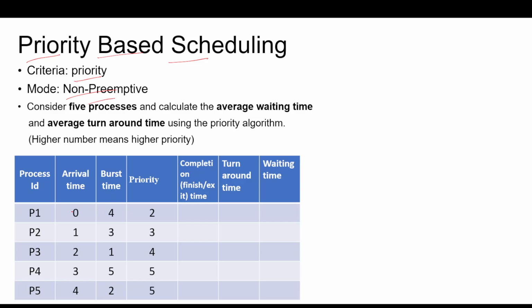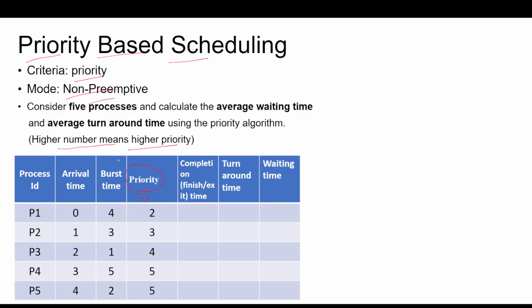So let us suppose we have five processes with their arrival timings and burst timings, and our criteria is priority. We are focusing on the priority. That means whatever higher number is there means the higher priority. In this particular table, you can see the priority values: 2, 3, 4, 5, 5.